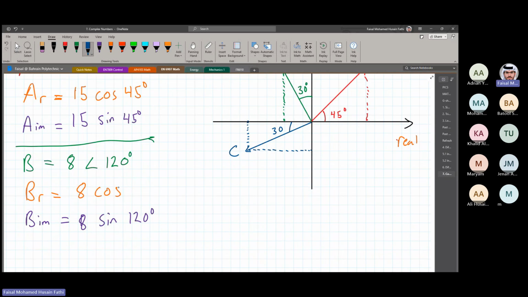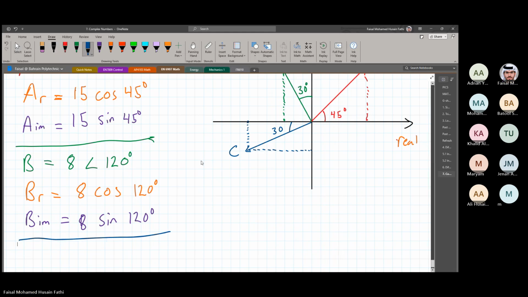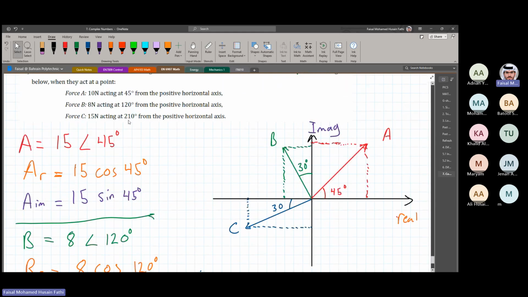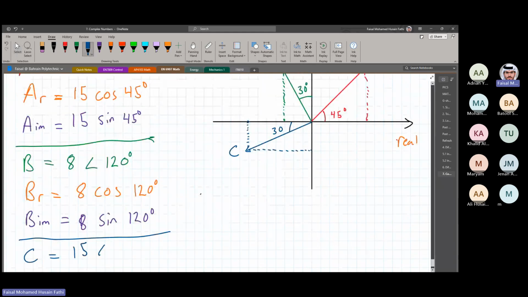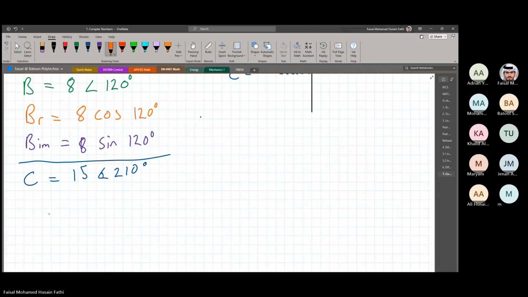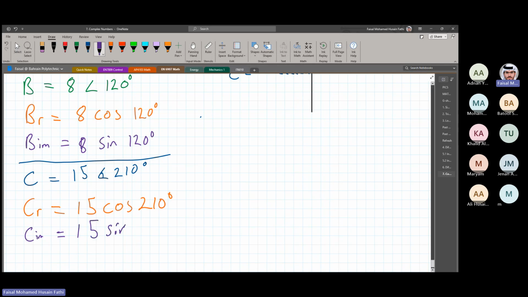And then part C, C is equal to 15 newtons angle 210. So again, C real is equal to 15 cosine 210, and C imaginary is equal to 15 sine 210.